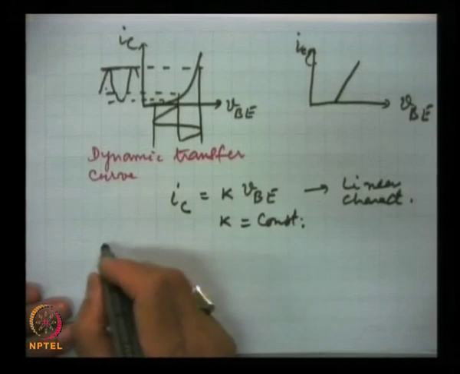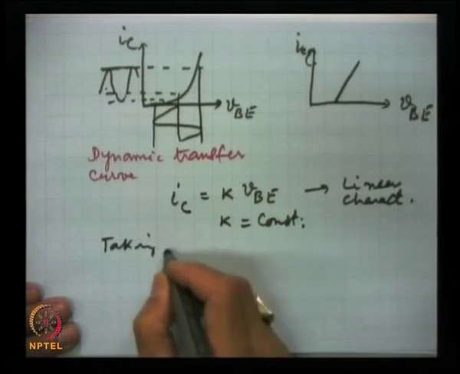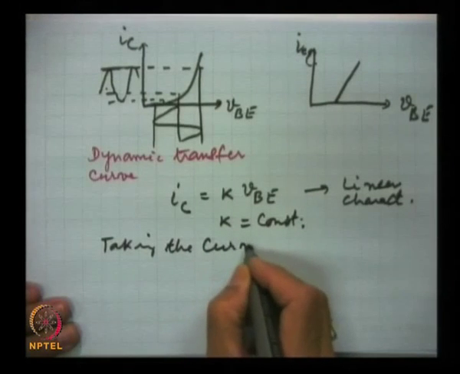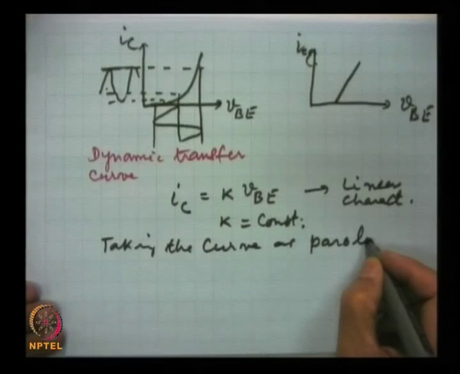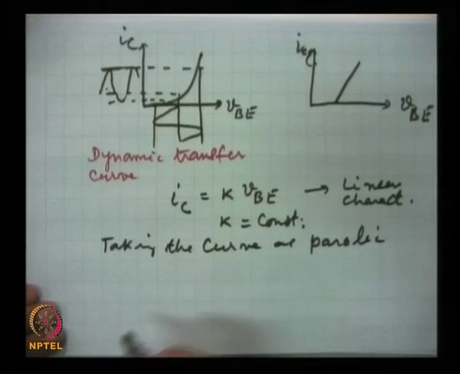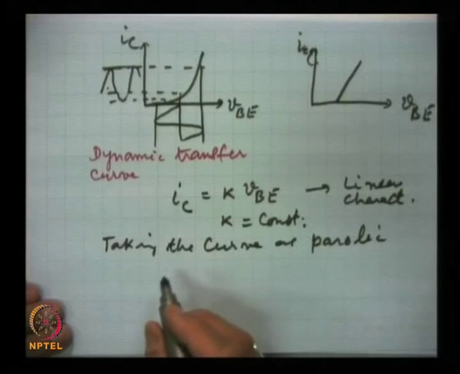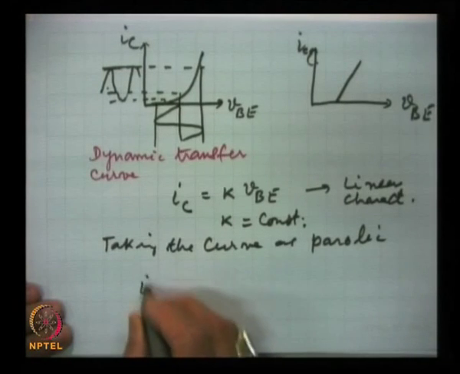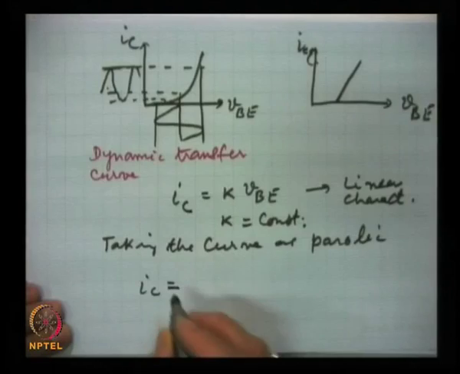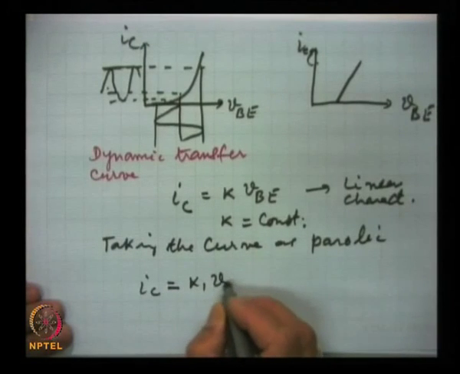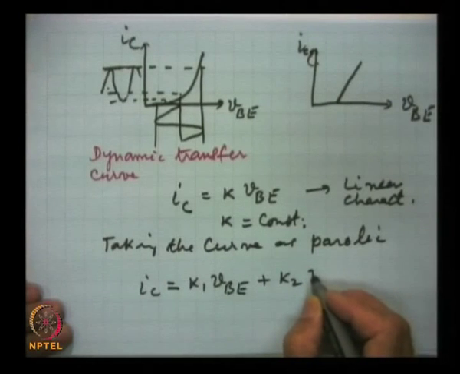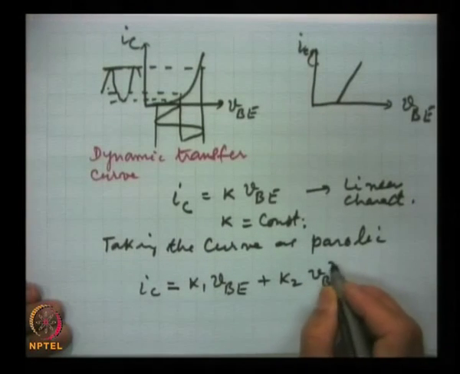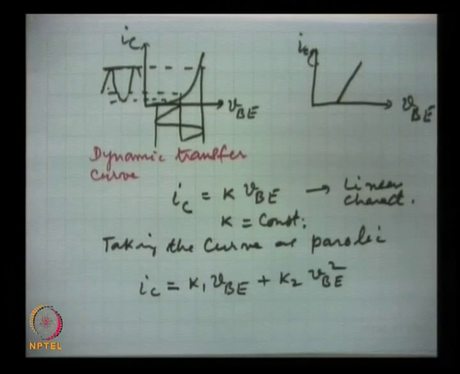So, taking the curve as parabolic, we can write IC as K1 VBE plus K2 VBE square. This is the equation of a parabola.